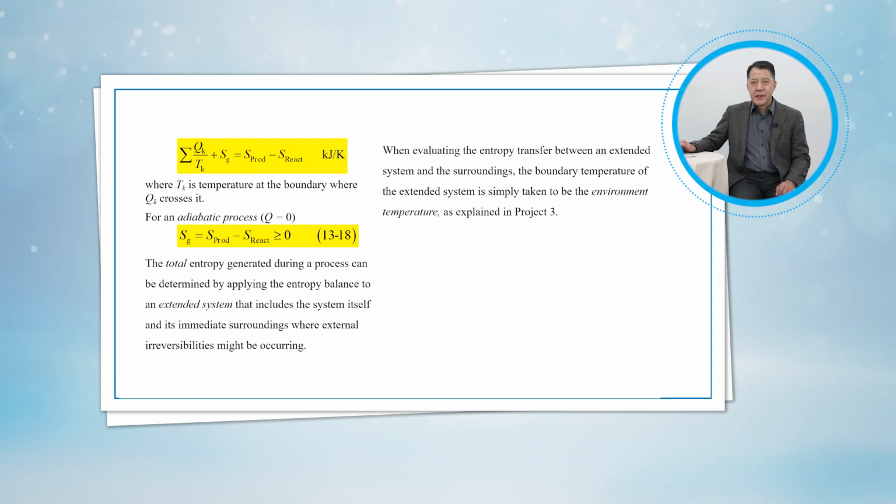When evaluating the entropy transfer between an extended system and the surroundings, the boundary temperature of the extended system is simply taken to be the environment temperature, as explained in Project 3.